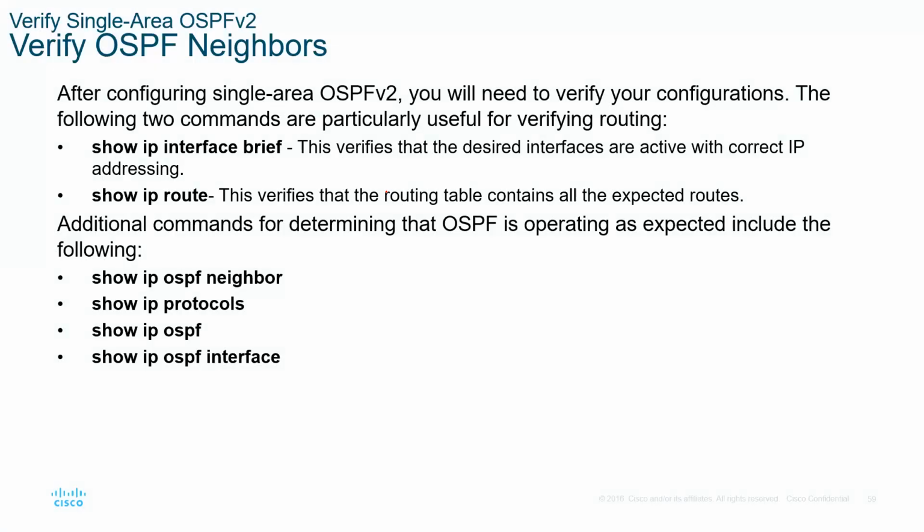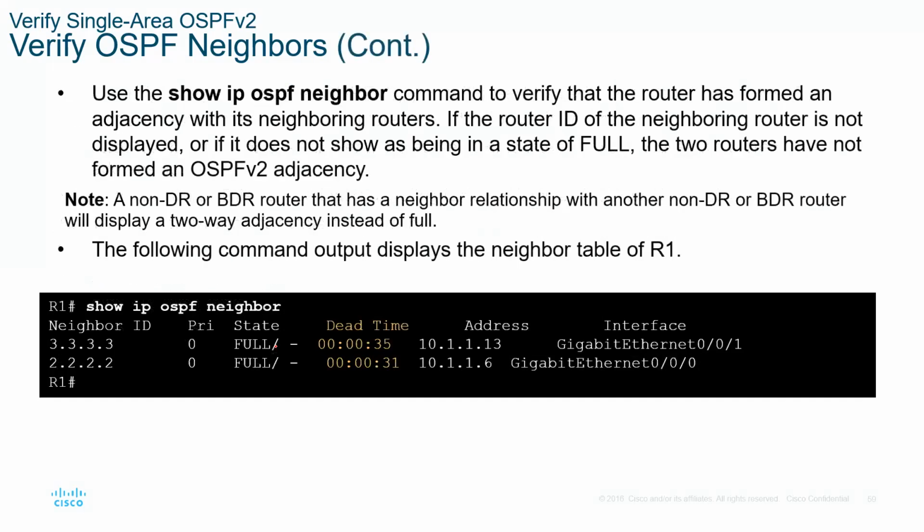All right, so after configuring single area OSPF version 2, you'll need to verify configurations. And these are the commands to verify: show IP OSPF neighbor, show IP protocols, show IP OSPF, show IP OSPF interface.